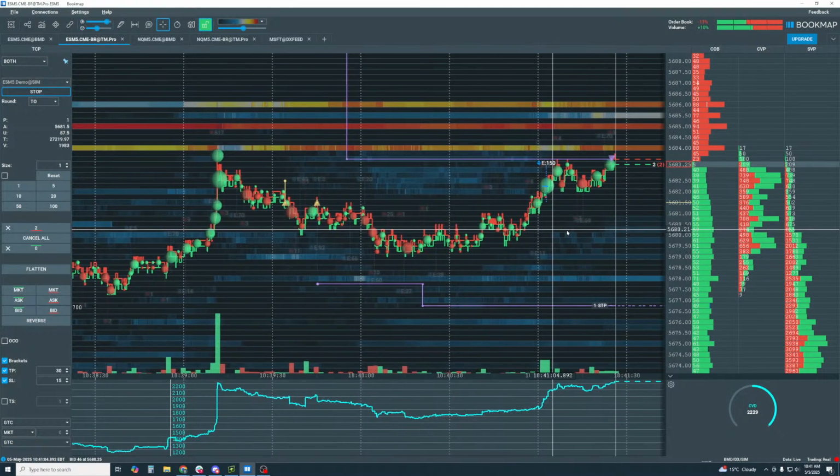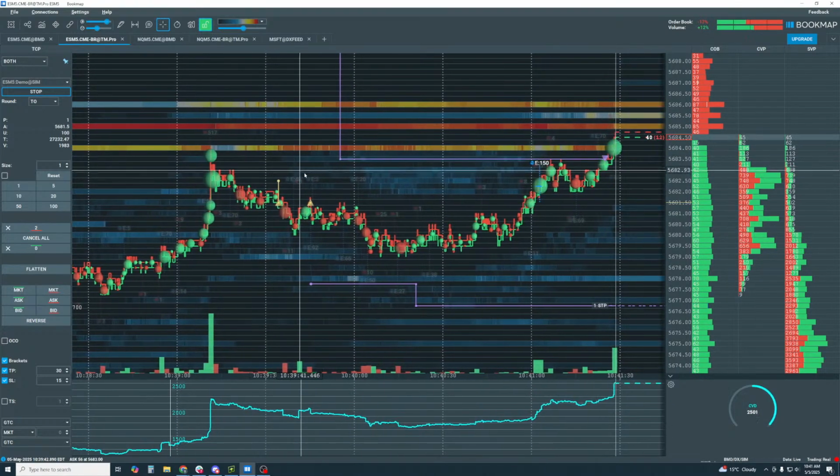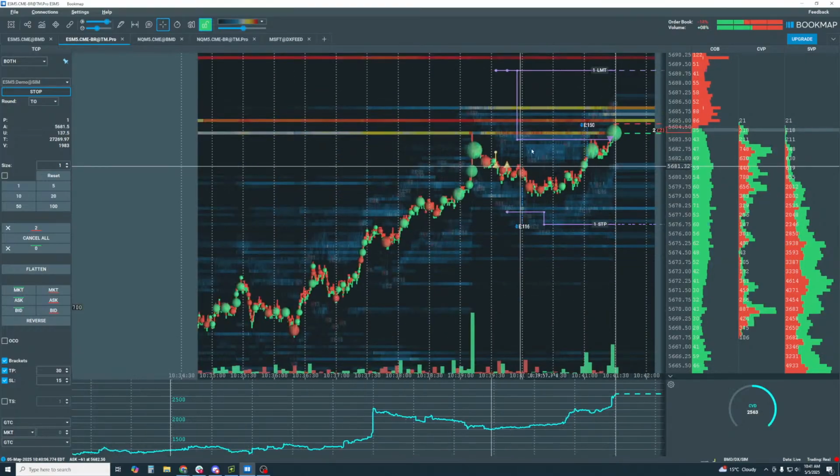Okay, there we go. So we've come up to the top of the range. Now we're going to hold, though, and look for a continuation.